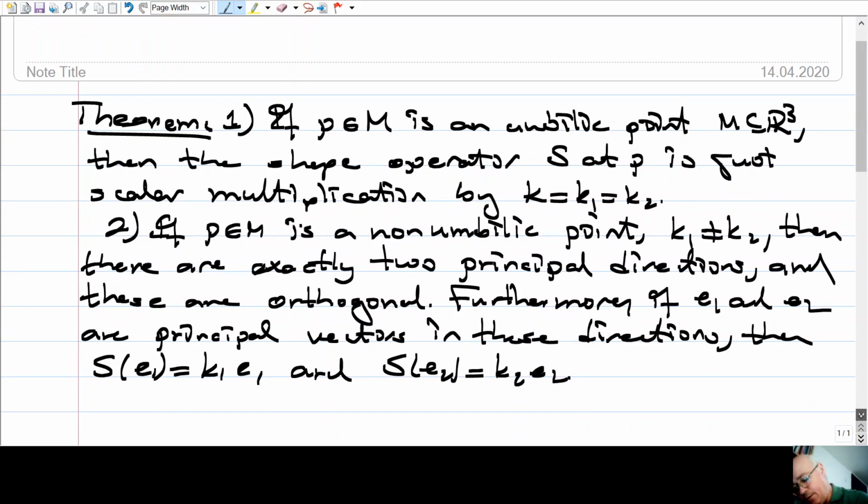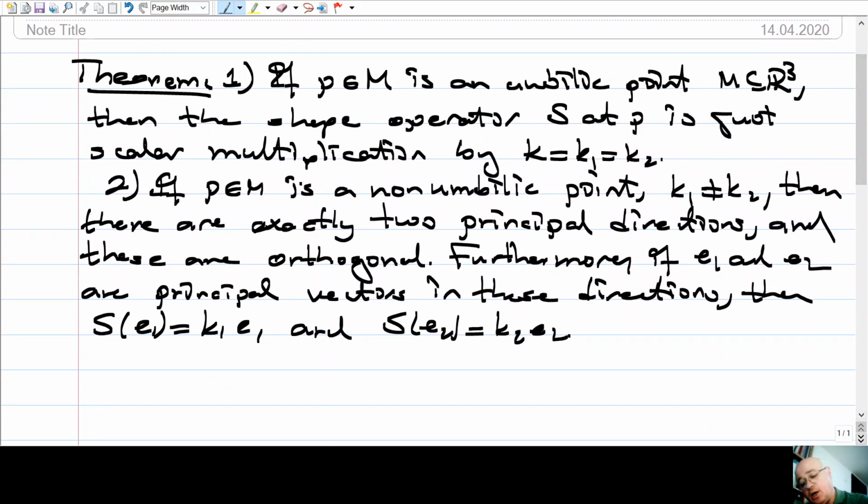In other words, K1 and K2 are just eigenvalues of the operator, and E1 and E2 are the corresponding eigenvectors.